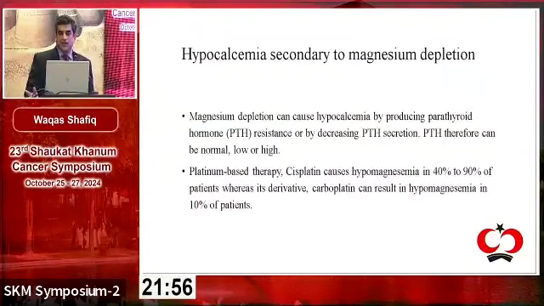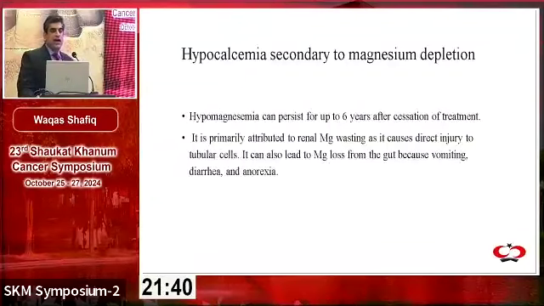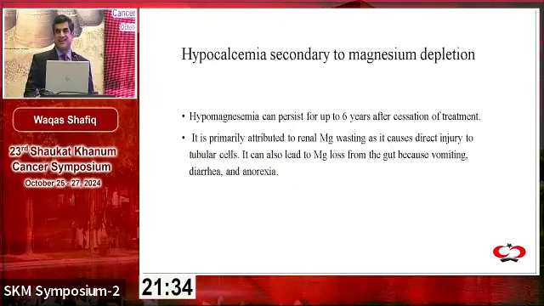Platinum-based therapy, cisplatin especially, causes hypomagnesemia in 40 to 90% of the cases, whereas its derivatives, either carboplatin or oxaliplatin, can result in hypomagnesemia in about 10% of the patients. And the thing with these agents is that the hypomagnesemia can persist from 6 hours up to 6 years after stopping these treatments.